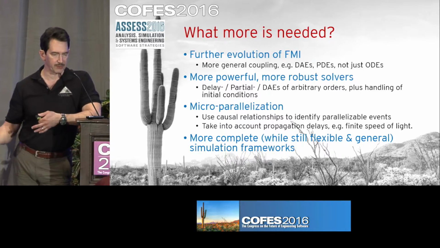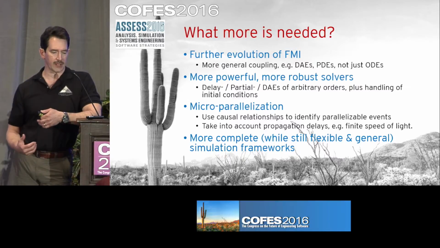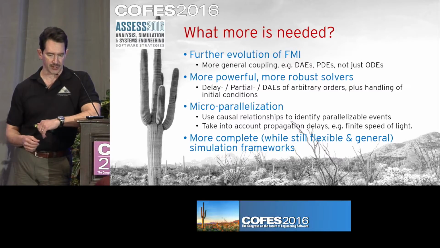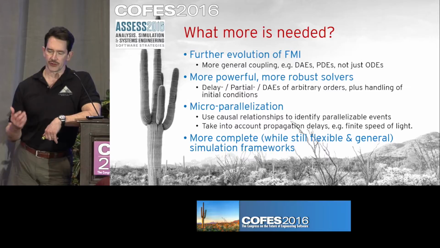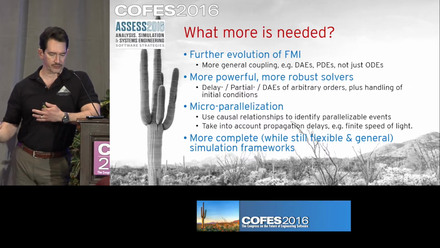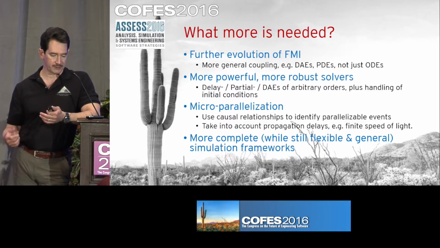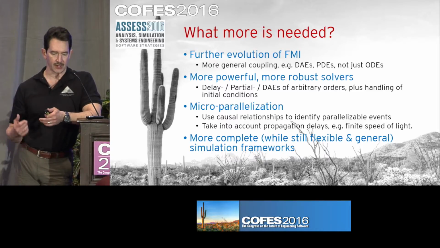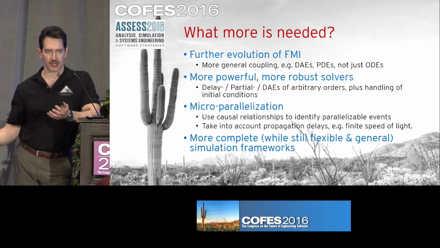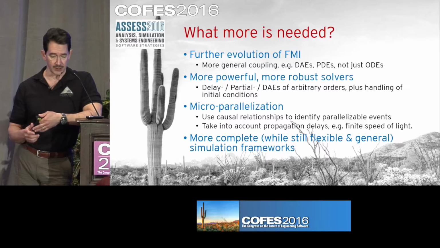Everybody knows it needs to be made better. That will be a significant step forward by itself. We need better solvers that can support these more general couplings, including delay equations and DAEs of arbitrary orders. These just arise as you're pulling together big models, and there's not enough work being done in this area.